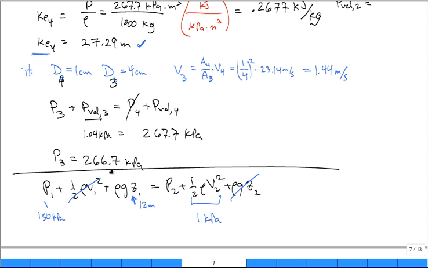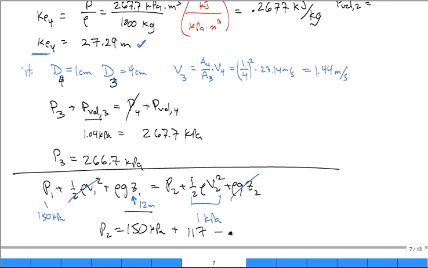So the pressure at 2, just going from 1 to 2, is equal to 150 kPa plus the 12 meters of hydrostatic head, rho g Z. When you do the 12 meters on the rho g Z, that pressure is, looking at my notes quickly, about 117. Okay?